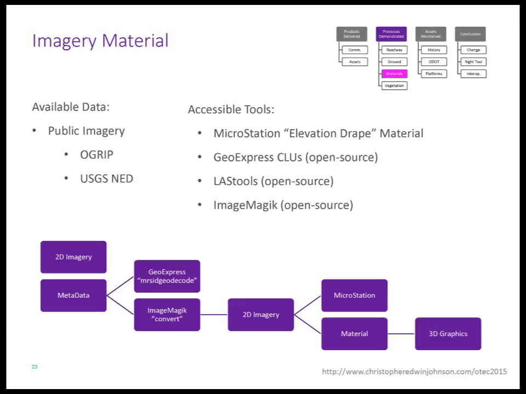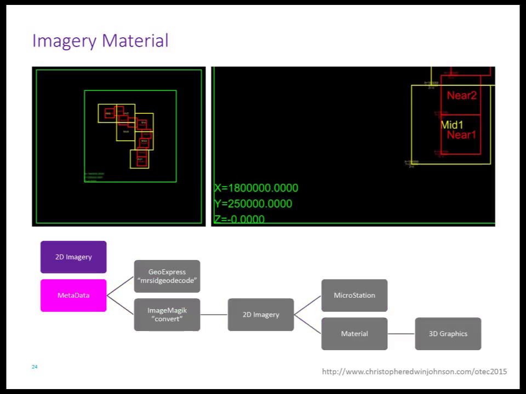So next, in order to make this existing ground model look pretty, here's the available data, the tools, and the workflow process for creating imagery material. Again, I exploited the data that's available from the OGRIP site, and I've got to say, from working on a number of projects, prior to this one I've been using USGS a lot.